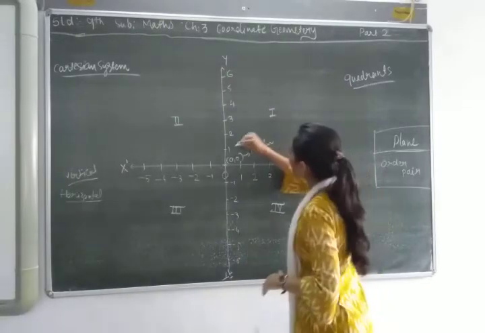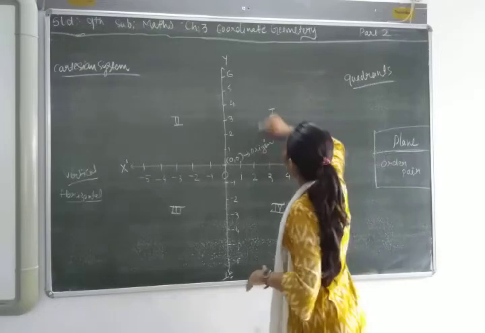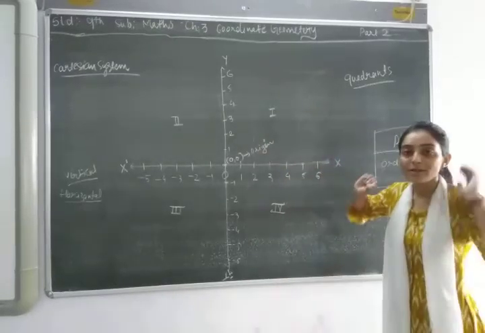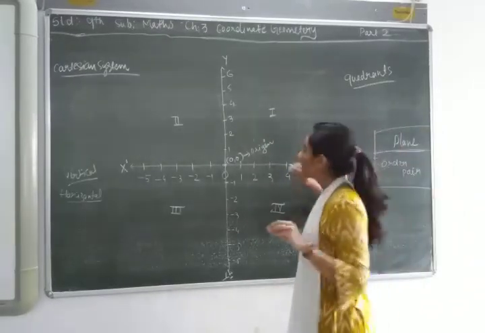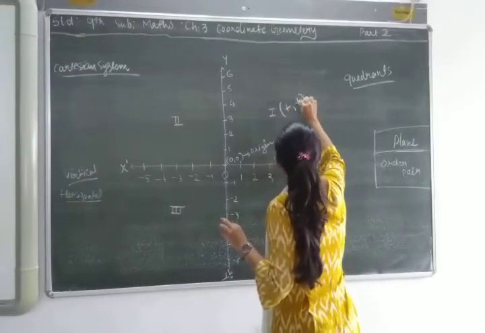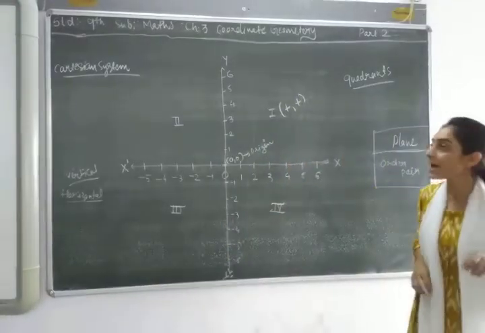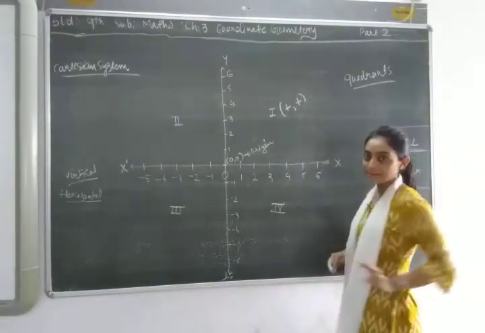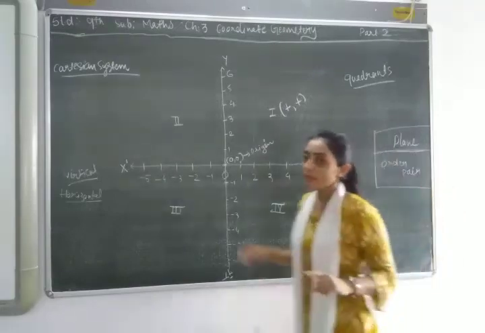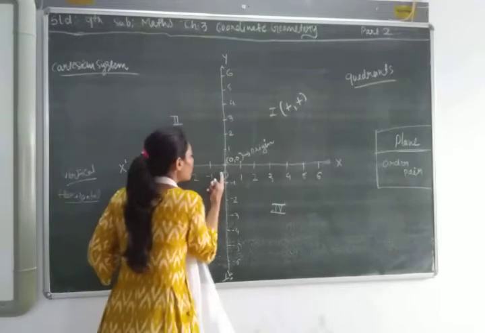This is my first quadrant, so all points over here are positive only. In the first quadrant, all the points on the x-axis and y-axis are positive. It means plus.